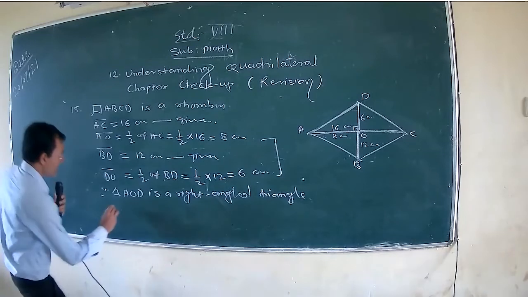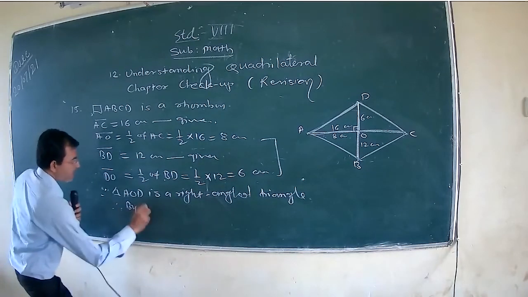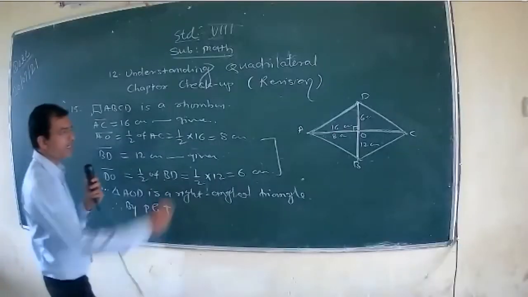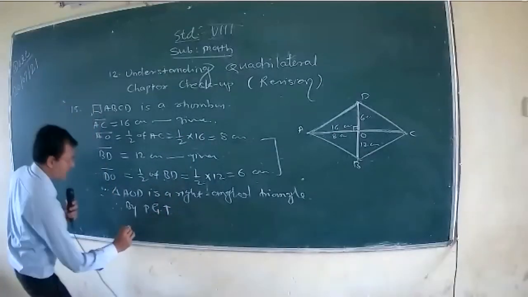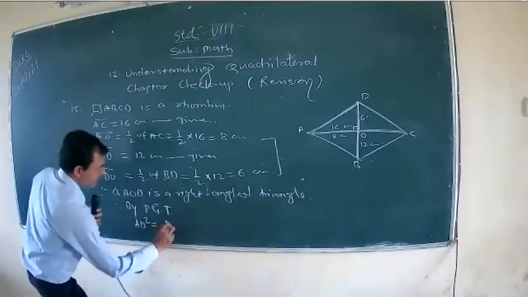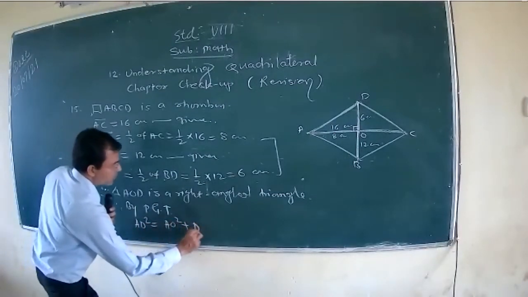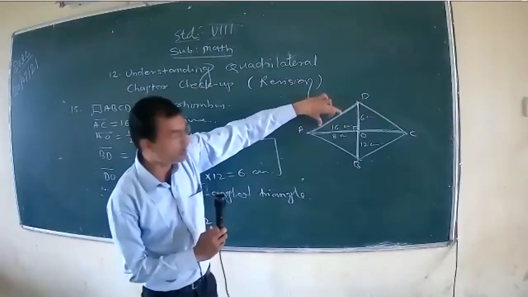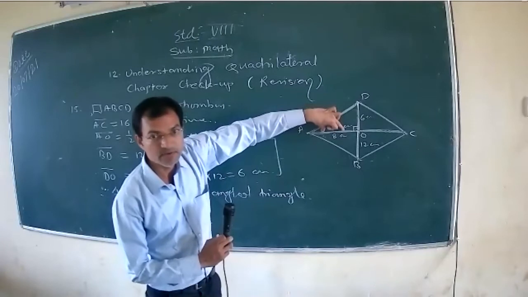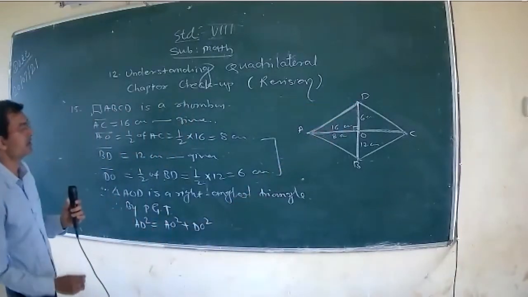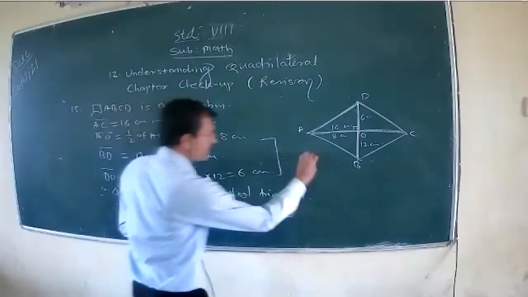So by Pythagoras theorem, you can write here AD square is equal to AO square plus DO square. AD square means hypotenuse square equal to AO square plus DO square.